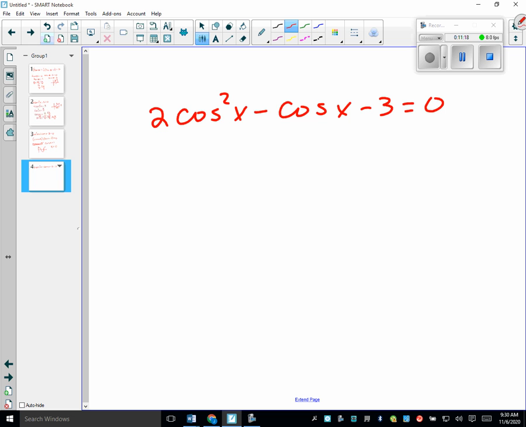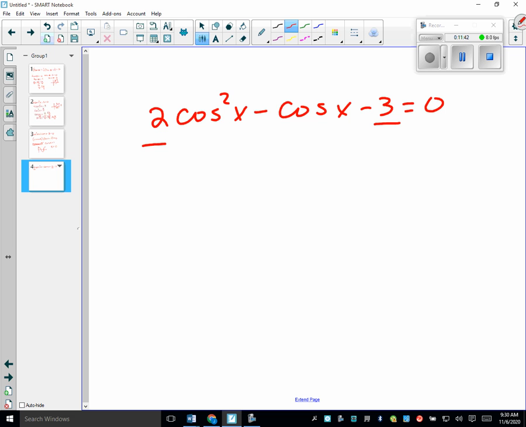Multiply the first and last numbers, and you want what multiplies to -6 and adds to my middle number, which is -1.